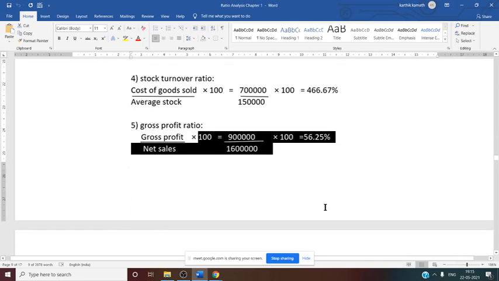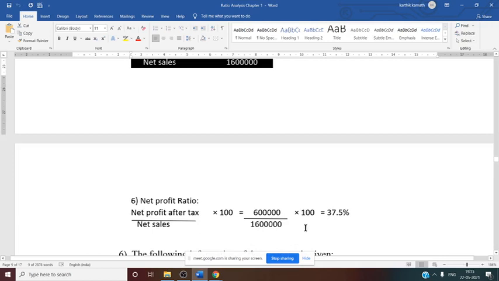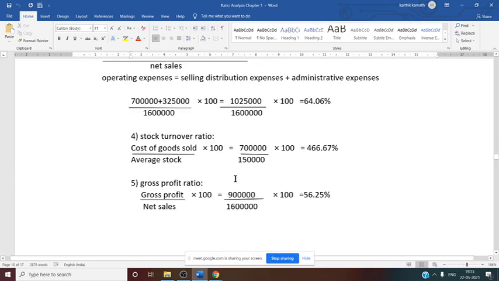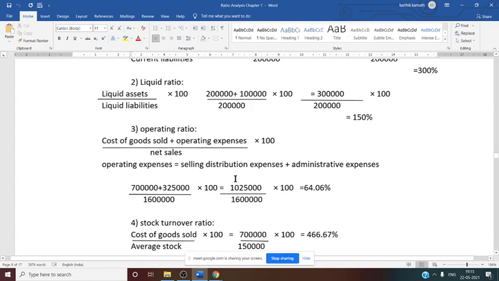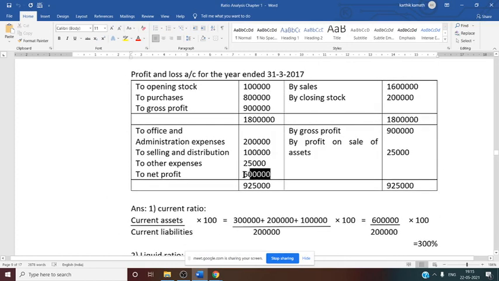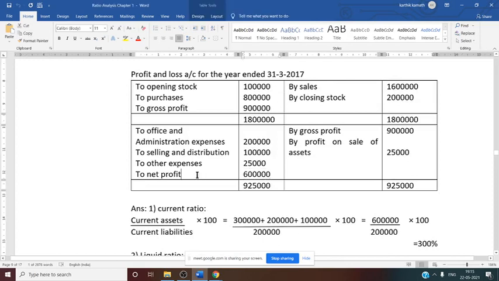Next, the last one here, net profit ratio. Net profit ratio is net profit after tax divided by net sales into 100. Net profit is just below the gross profit. After writing all the expenses, they have mentioned net profit in the P&L account, that is 6 lakh.